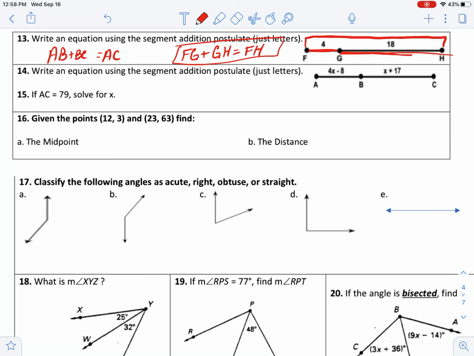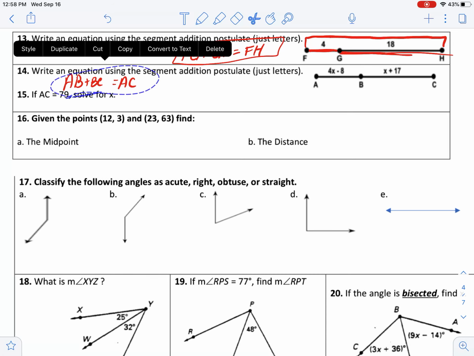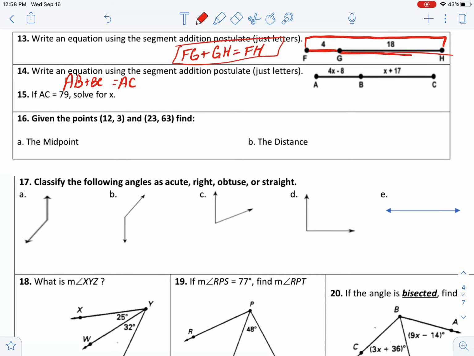And similarly, we could do 14. Actually, I wrote it down, so let me just pull that down here. That one really would be AB plus BC gets me the whole segment.